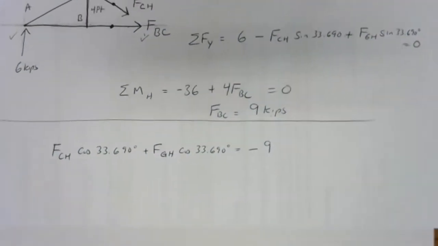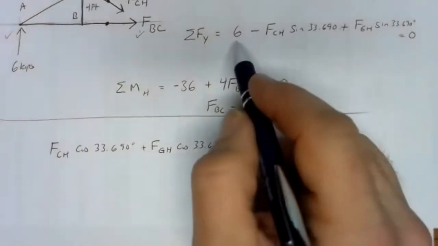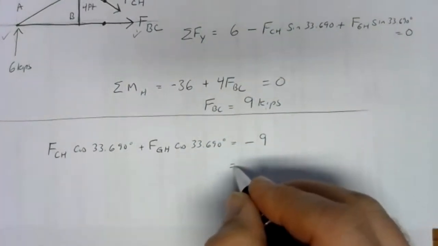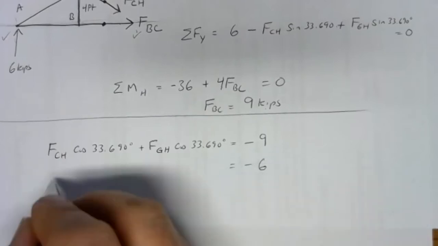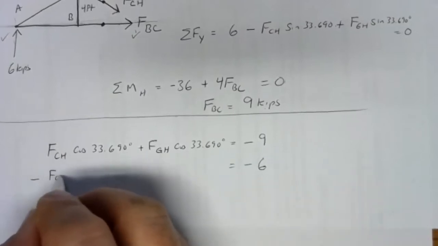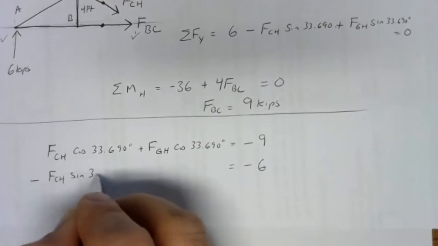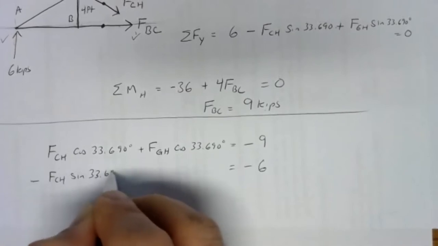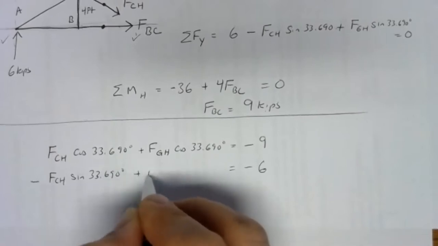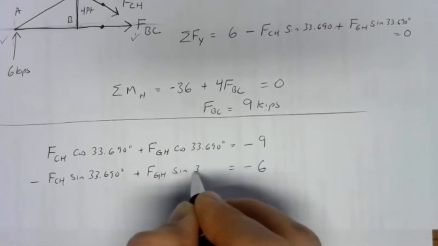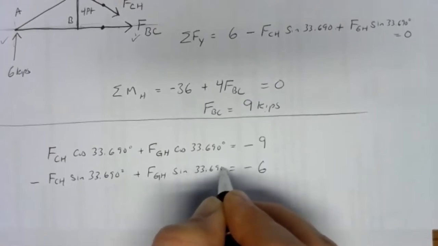And then our y direction equation from the top right there, if I subtract 6 from both sides to put the 6 over here as a negative 6, I'll end up with negative FCH sine of 33.690 degrees plus FGH sine of 33.690 degrees.